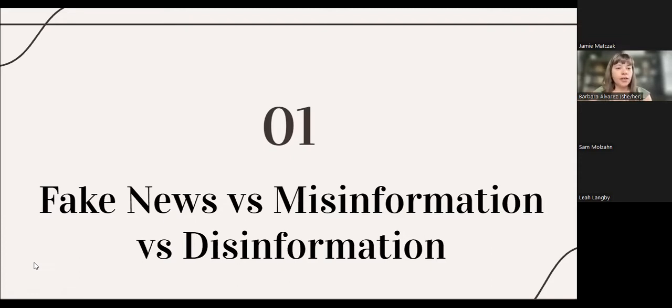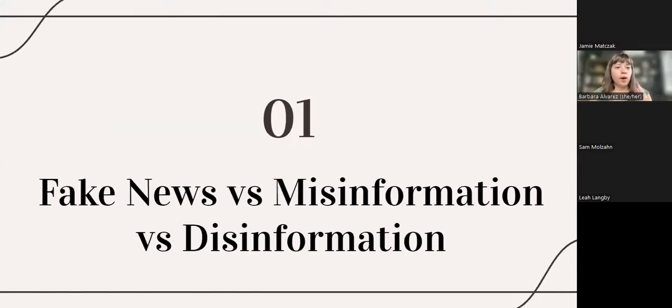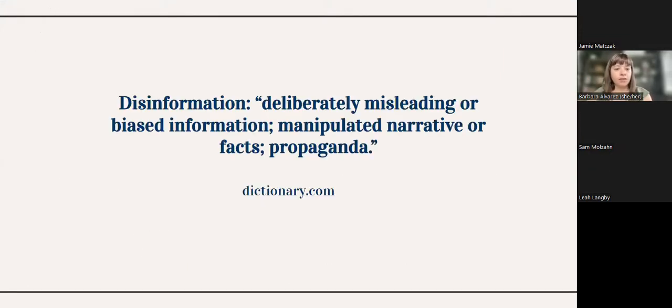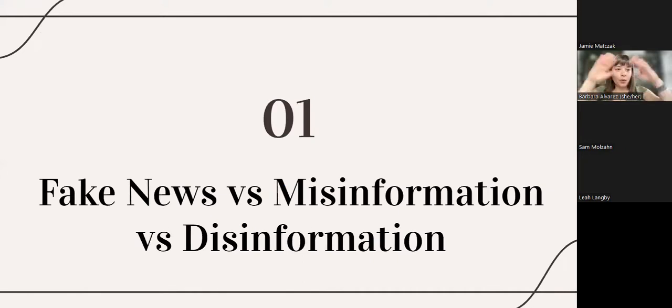So the first thing that I want to touch on is what is fake news versus misinformation and disinformation. So often fake news is used interchangeably with misinformation and disinformation. And fake news really is an umbrella for misinformation and disinformation. But misinformation and disinformation have distinct definitions.